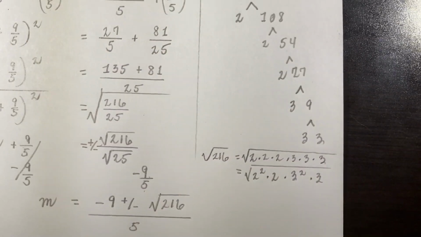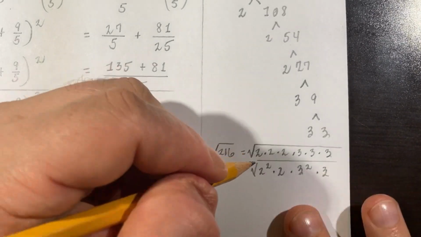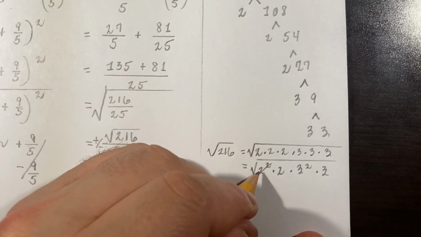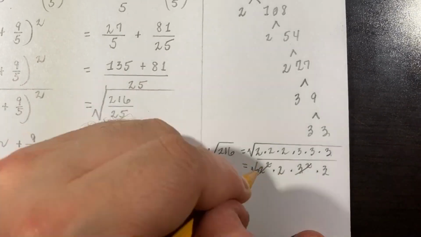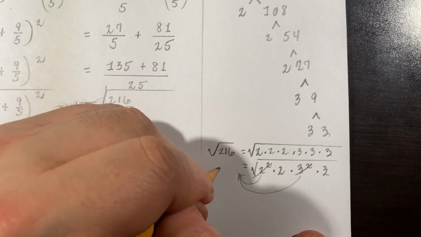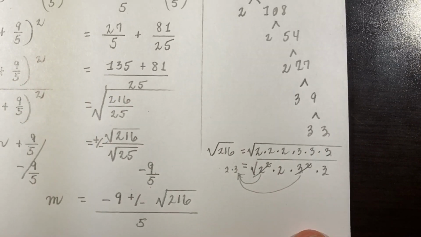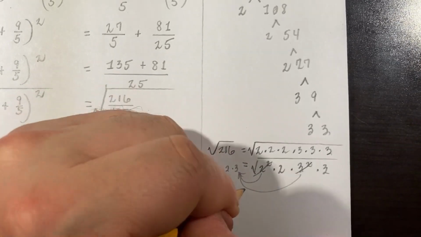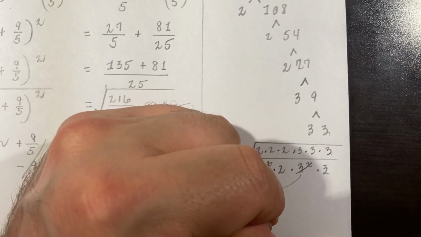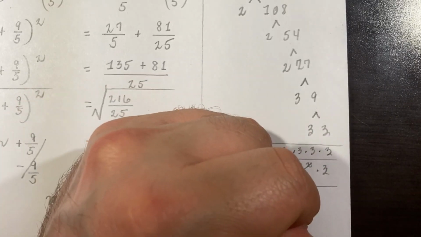And you take the square root of something squared, you just get that thing. And so essentially, you pull these squared terms out almost like you're factoring them out. It's not exactly the same, but it's kind of the same. So you get 2 times 3 on the outside, and the result is 2 times 3 square root of 2 times 3.